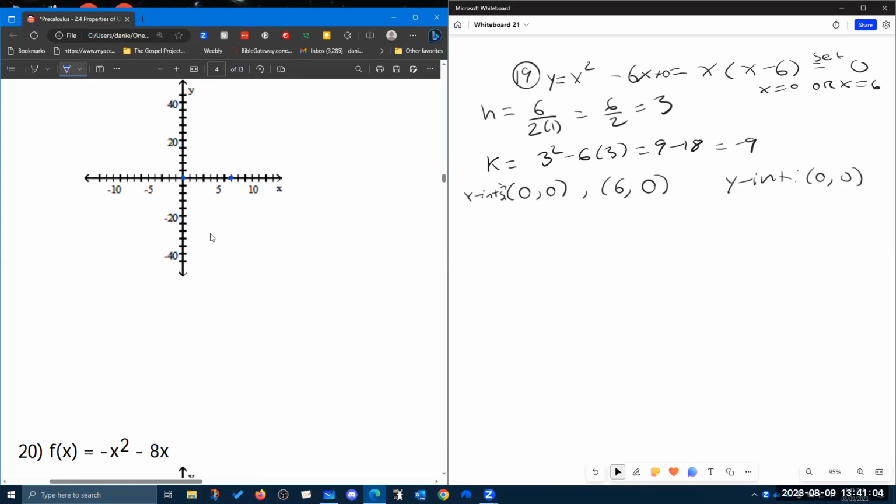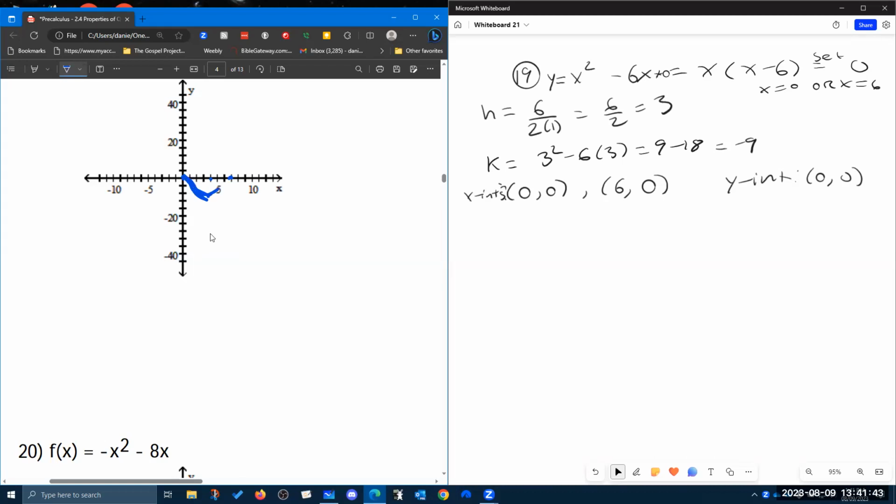We have the point (3, -9). It looks like this is going to be negative 9, not quite halfway there, like so.